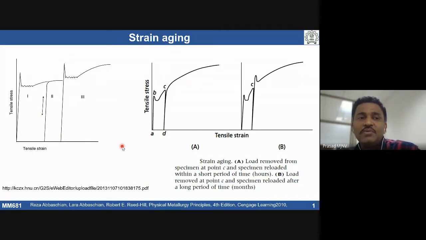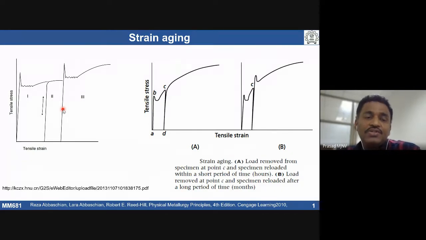We do see the yield point phenomenon, strain aging, and dynamic strain aging whenever there is an interaction between solutes and dislocations.